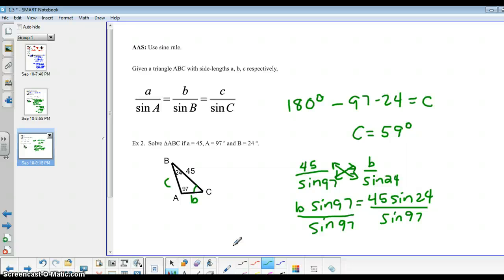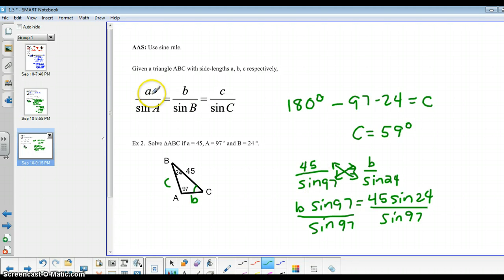Okay, so the first part is probably fastest, is to find what our C is, and we'll use our knowledge of triangles where every angle would have to add up to 180 inside our triangle. So we'll subtract 97 and 24 from 180 to get C, and we'll get C is equal to 59 degrees.